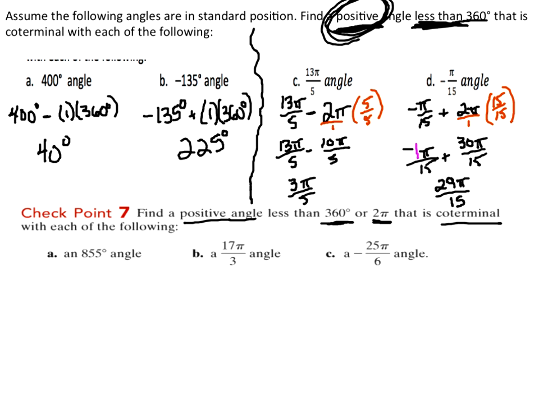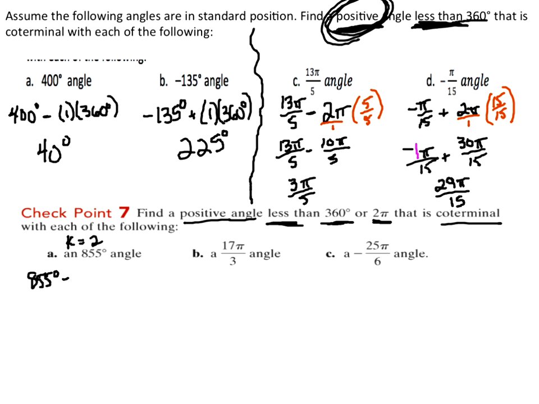855 degrees is bigger than 2 revolutions around the circle. Remember, 1 revolution is 360, 2 revolutions is 720. I don't make 3 revolutions before I go past 855. So the k that I need to use here is 2, and I'm going to subtract to get less than 360.